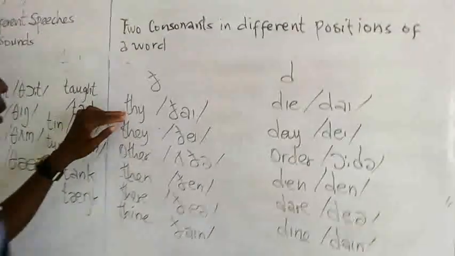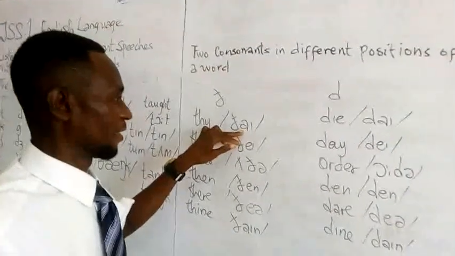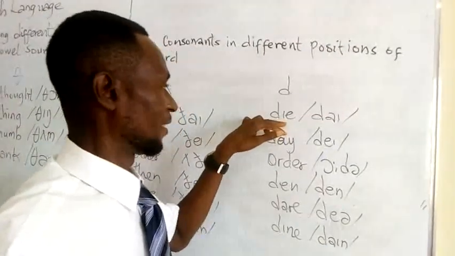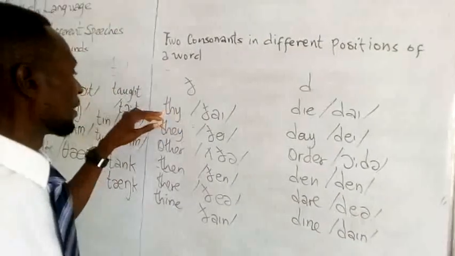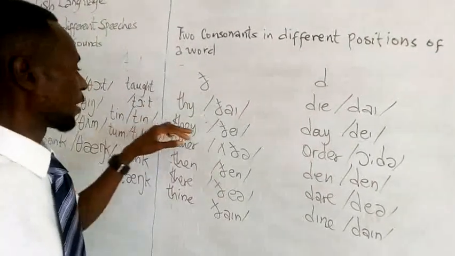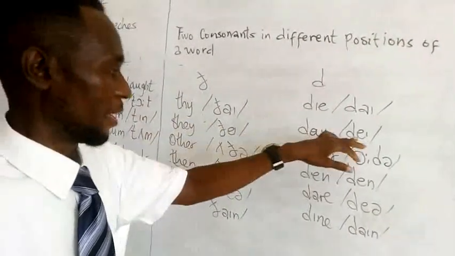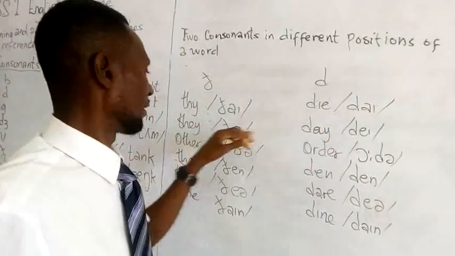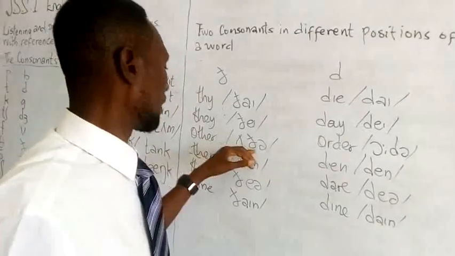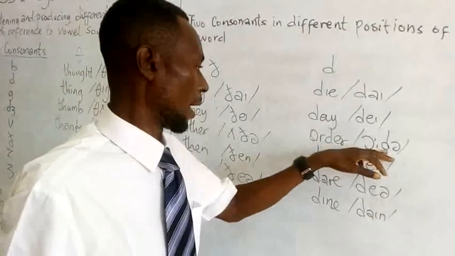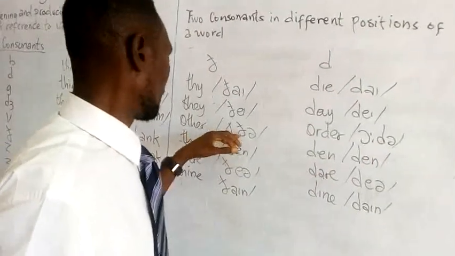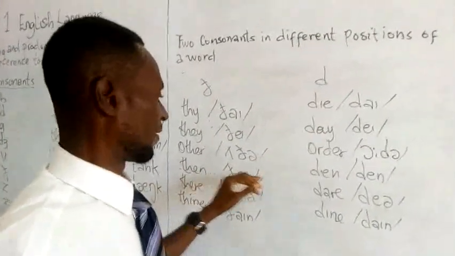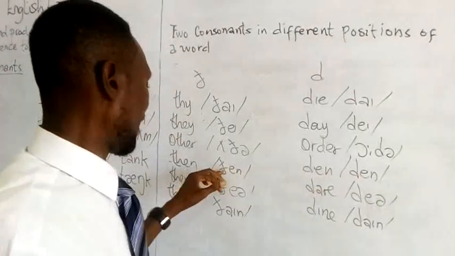Now here you have die. Here you have die. Can you see the difference? Now here you have they. They. Order.